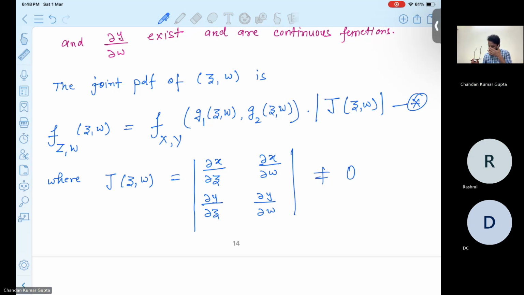So let's have one example to understand this formula.